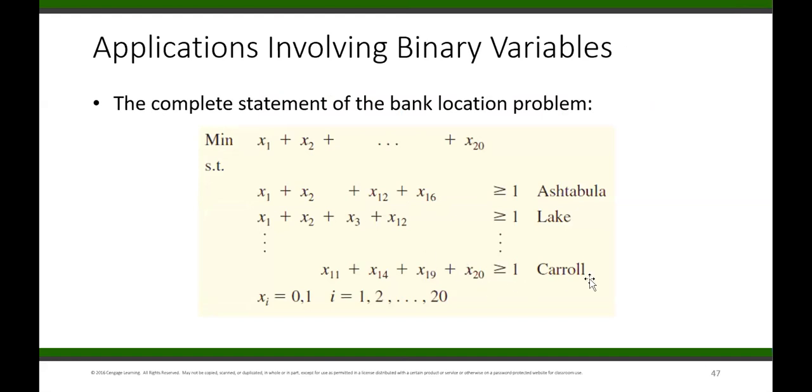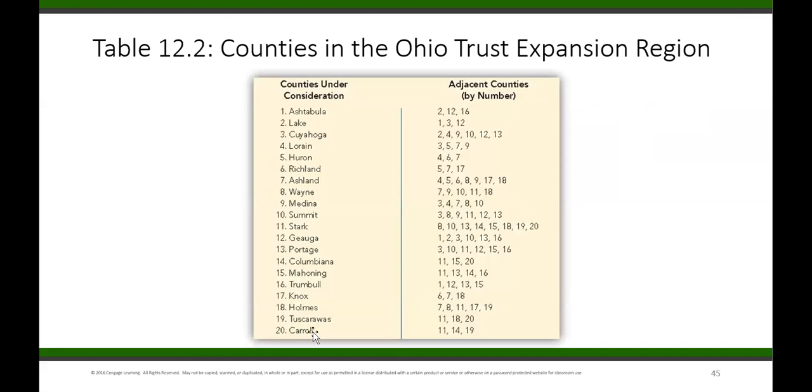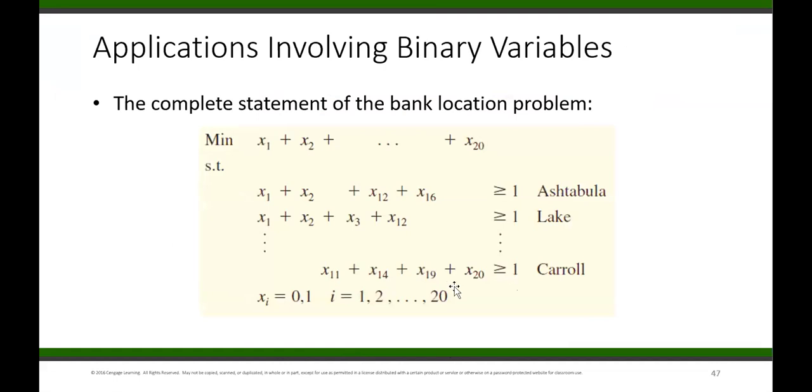And let me just do it for the last one. For county number 20, the counties that can cover it are 20, 11, 14, and 19. So x20 plus x11 plus x14 plus x19 has to be greater than or equal to 1.